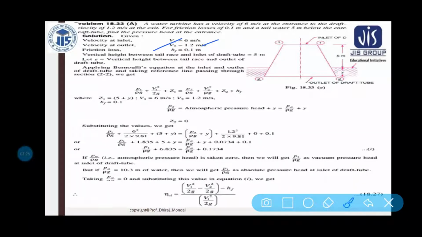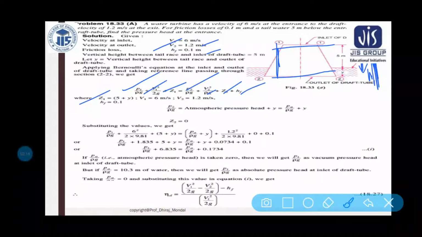For the frictional loss 0.1 meter and a tail water 5 meter below the entrance to the draft tube. That means this is your HS. HS is given 5 meter. Find the pressure head at the entrance. So you have to find out the pressure head at the entrance.